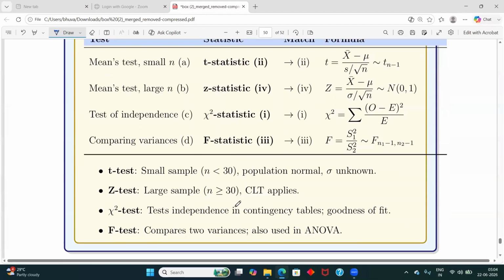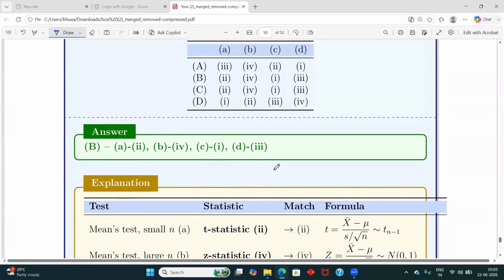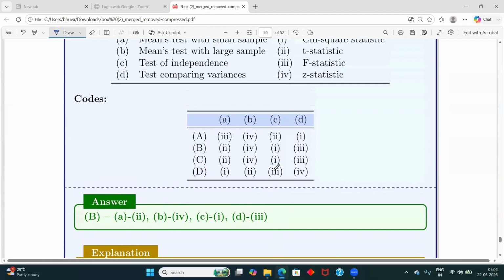So in summary, T test for a small sample, Z test for a large sample, chi square test for independence and contingency table goodness of fit, and F test to compare variances, also used for ANOVA conditions in econometrics, and for a dummy variable.